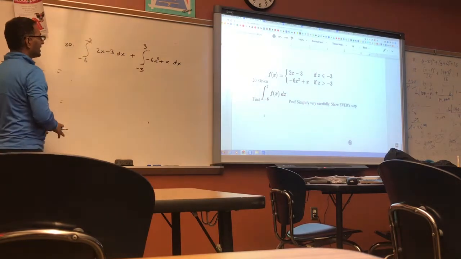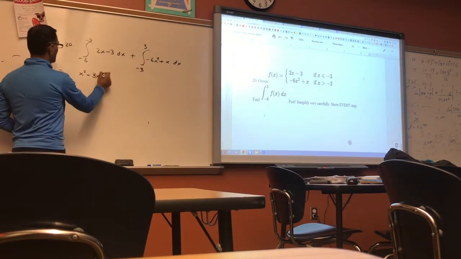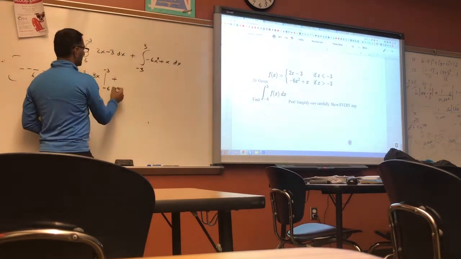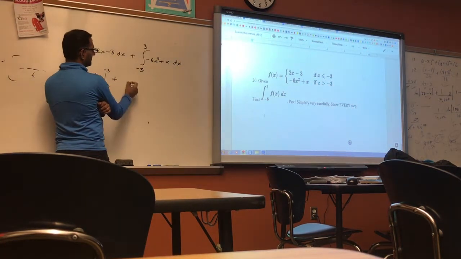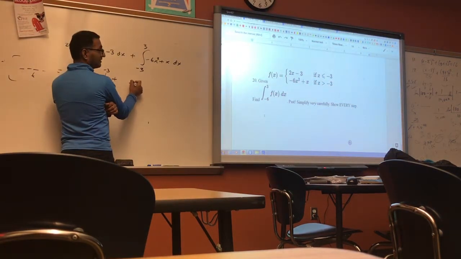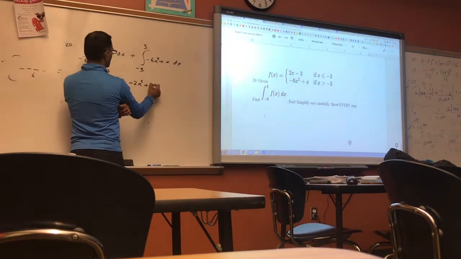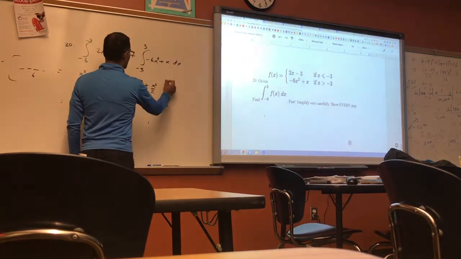What's the integral of 2x? Minus lower limit, upper limit, plus careful, integral of -6x squared. Negative 2x cubed, yes? Because x cubed over 3, -2, -2x cubed, plus -3 to 3.